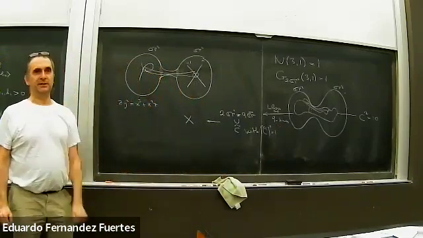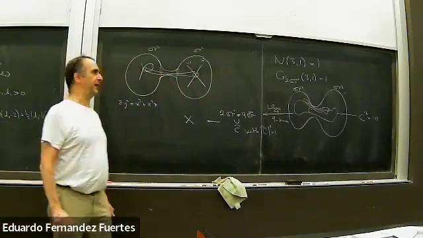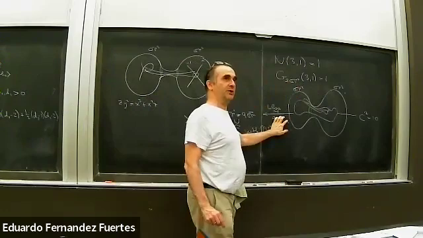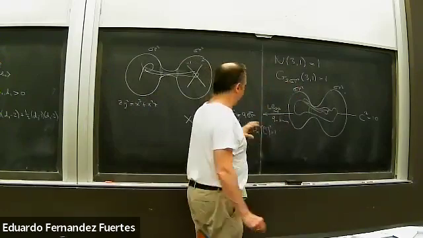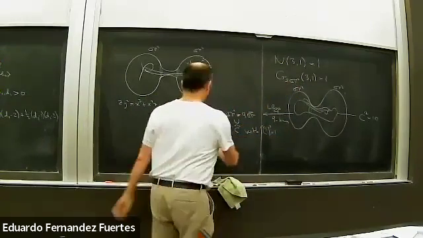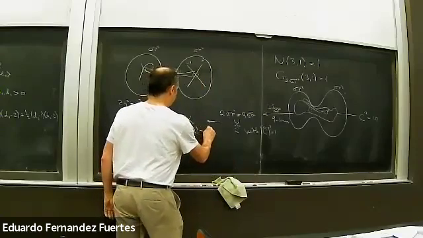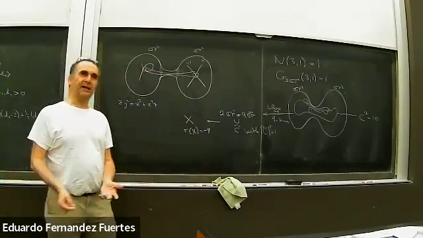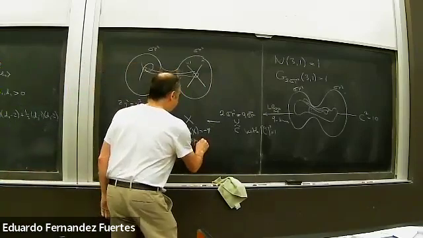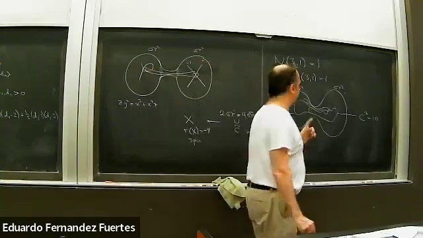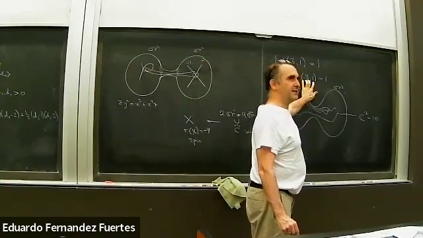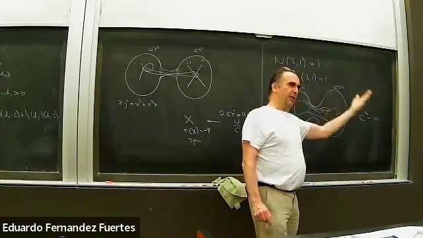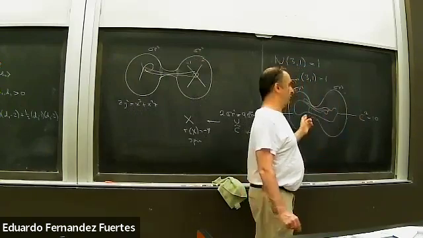What are the two properties of X which we would like to use? The first is that we can compute the signature. The signature was 2 here. We blew up 9 times, so it became minus 7. Then we removed one positive class, so the signature is minus 8. That was easy. The other part is a little more complicated. I claim that it is spin. Why? The secret is that this class is a characteristic class: the mod 2 reduction of its Poincare dual is W2 of the 4-manifold.